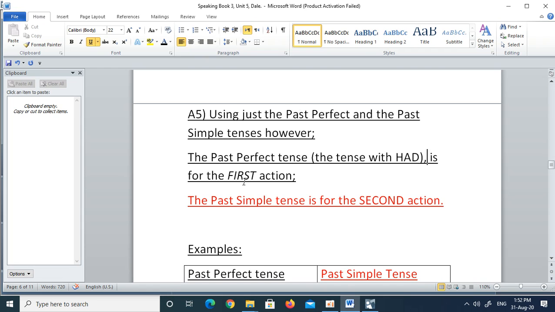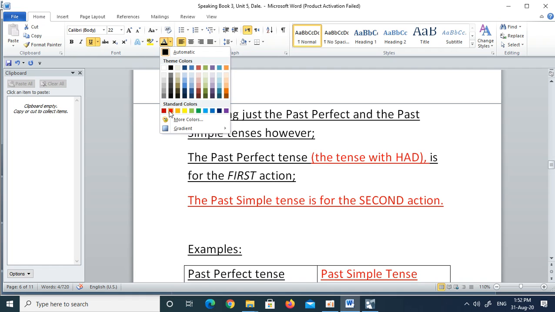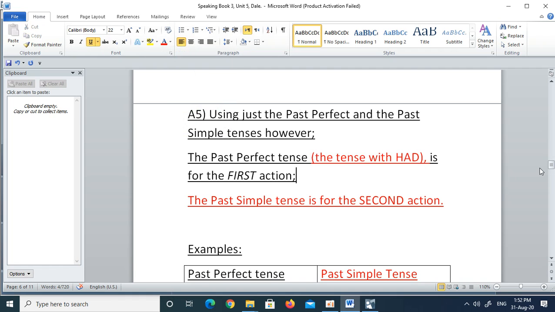Alright, so remember, for the first action you are using the past perfect tense, which is the tense with had in it. Very easy to remember. It is the tense with had that comes first. That is the past perfect.